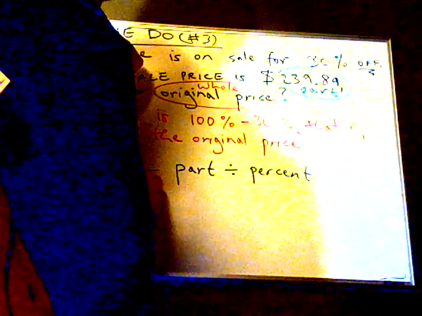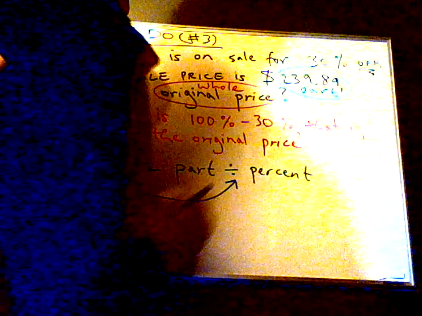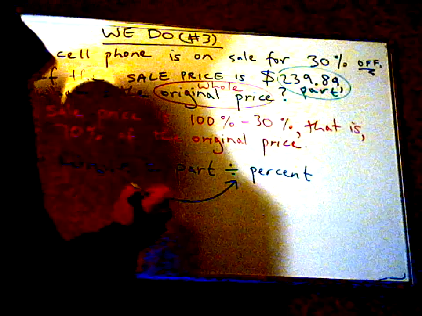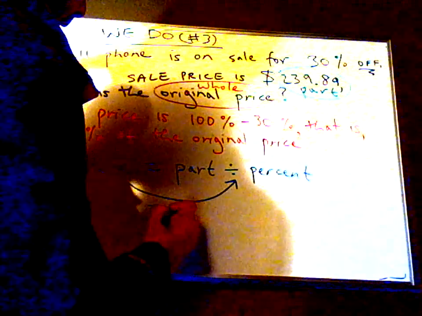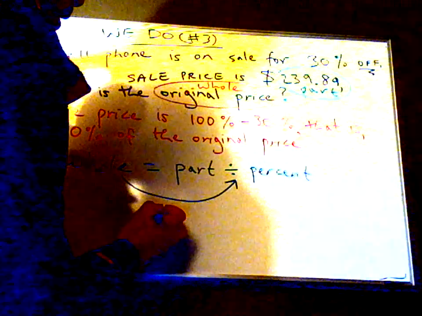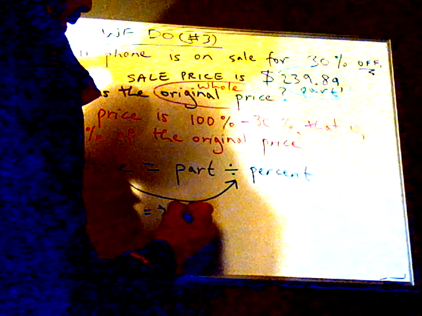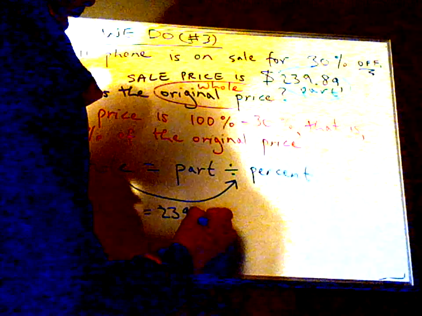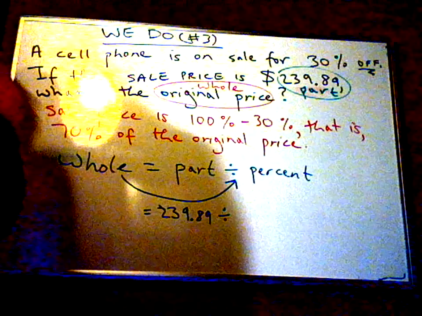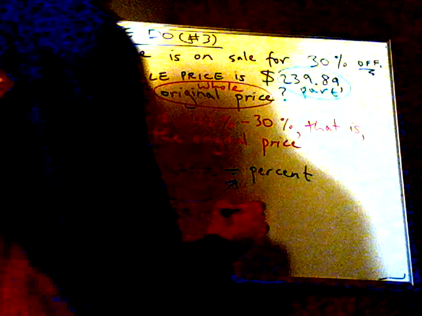When you see whole, you think about dividing. So it's the part divided by the percent, which in this case is 239.89 divided by the 70%.